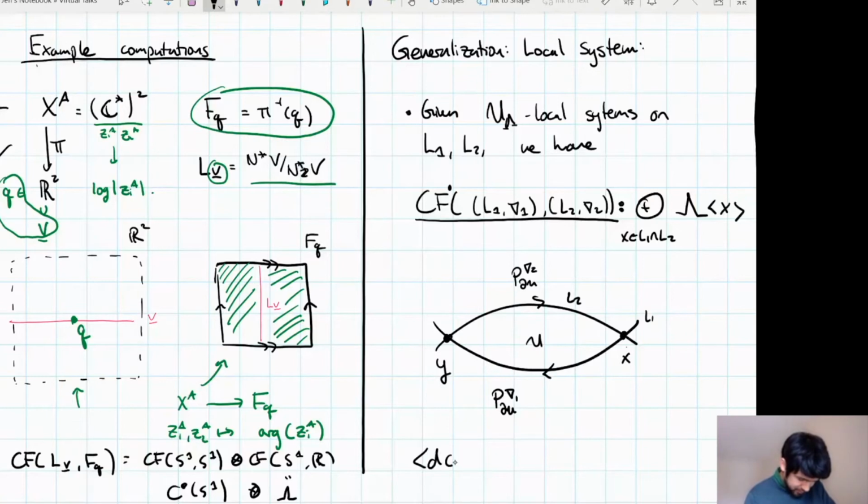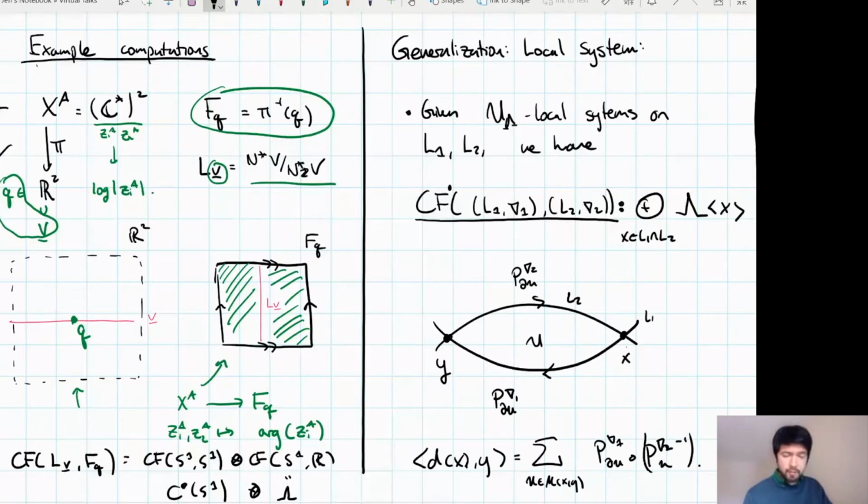Then I take the differential of X against Y to be equal to the sum over all such strips of not just the count, but the count weighted by the parallel transport maps.